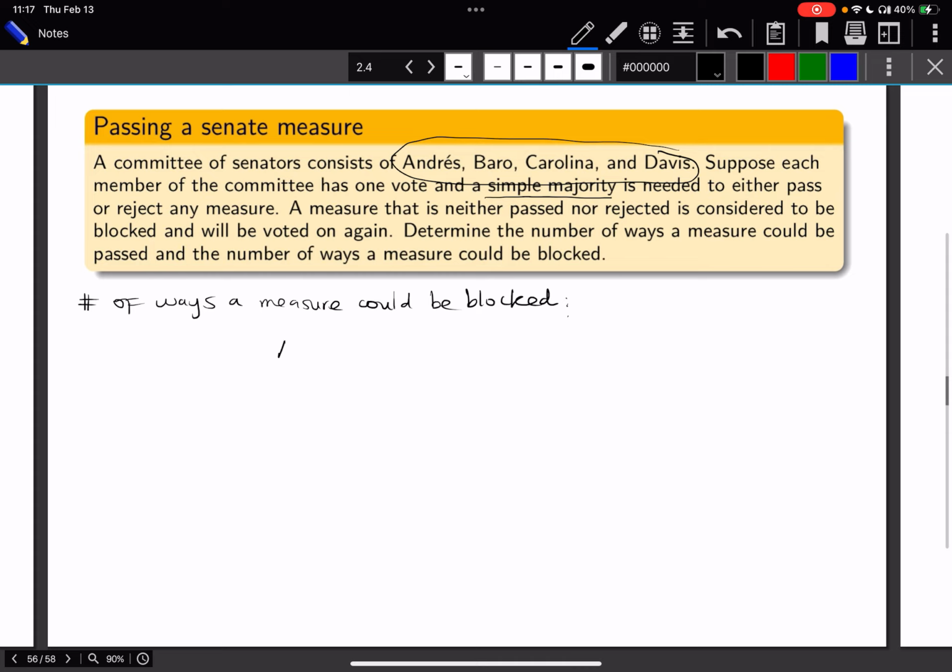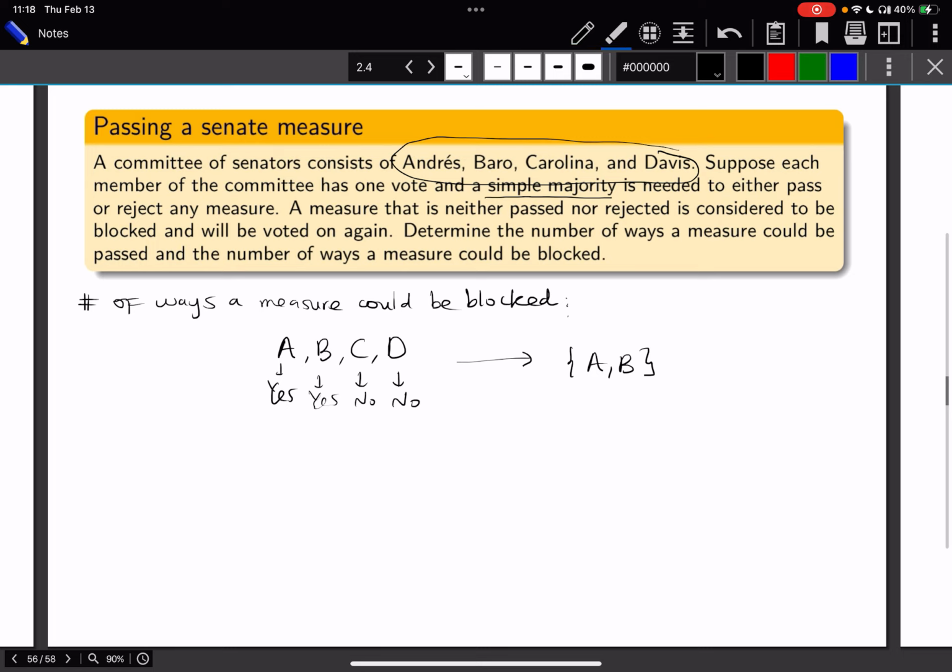So in this situation, let's just work with the first situation. Let's say Andres votes yes, Varo votes yes, Carolina votes no, and Davis votes no. We can assign this scenario to the set right here, A, B. Suppose we consider the set of people that vote yes. And we will have Andres and Varo in the same set.